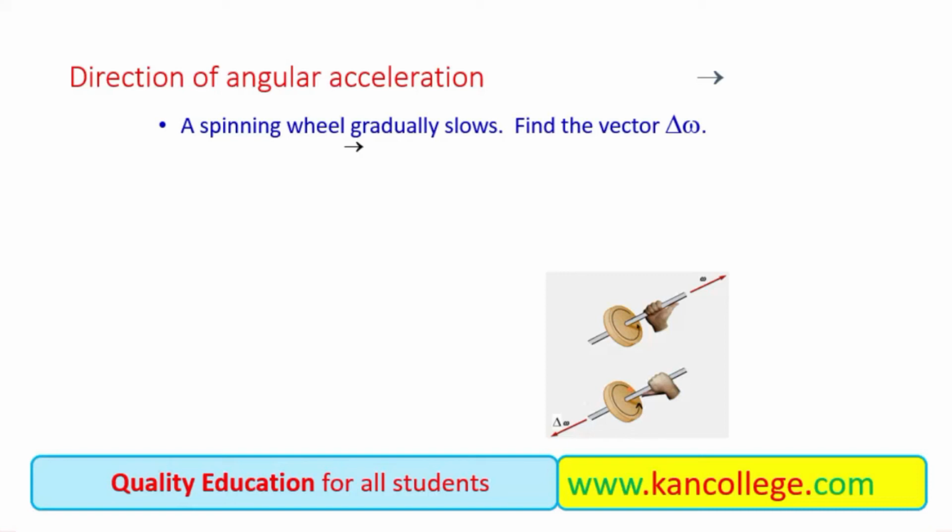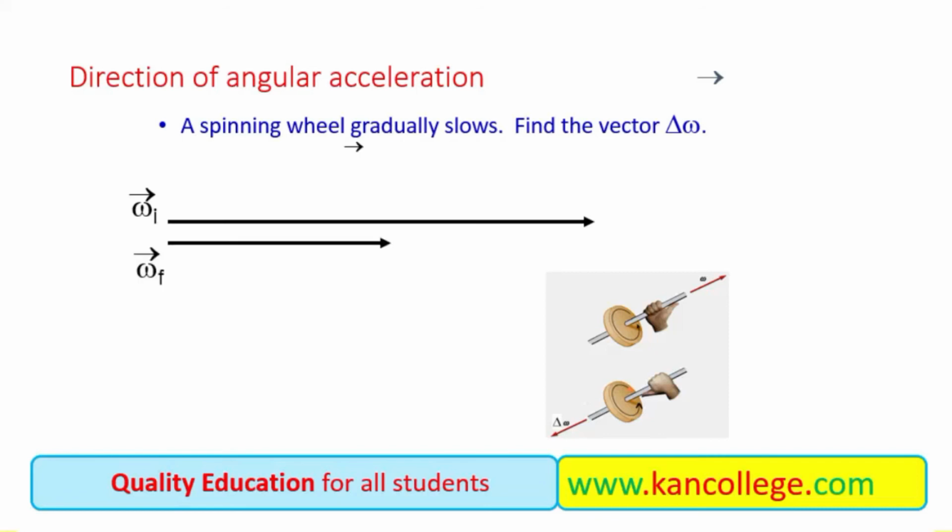Direction of angular acceleration is more elaborated in this slide. For example, if a spinning wheel gradually slows, then what will be the direction of angular acceleration, or change in velocity vector, which is known as angular acceleration?